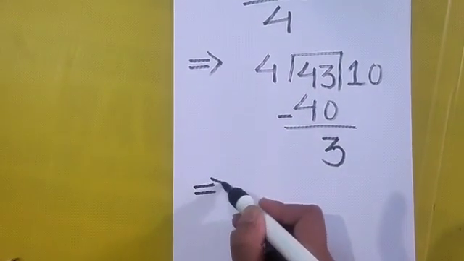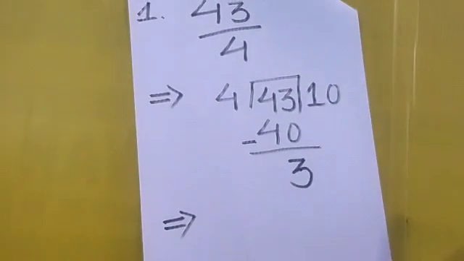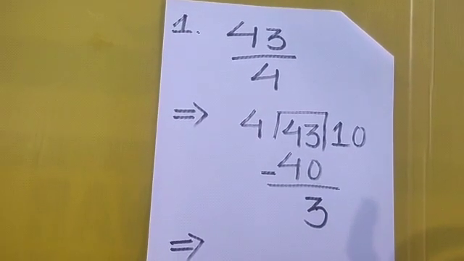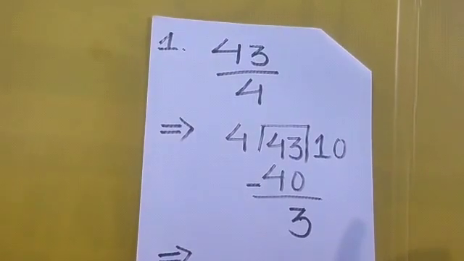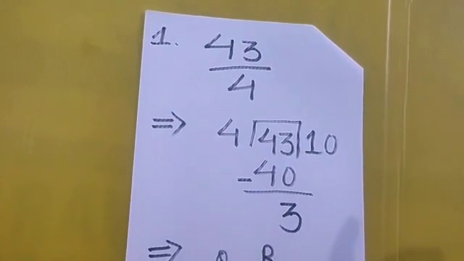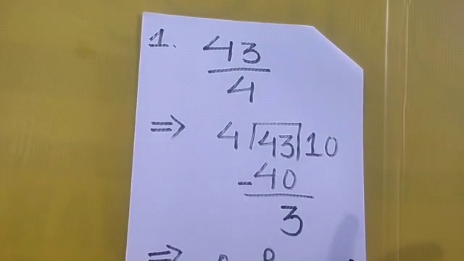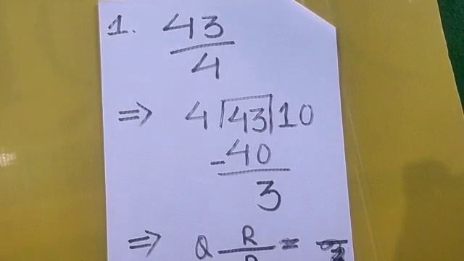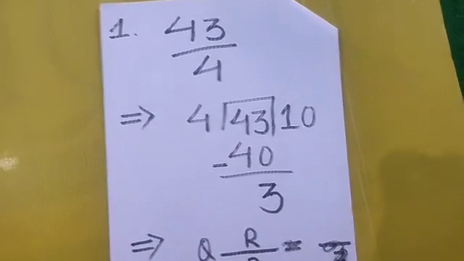To write a number in mixed fraction, we will write the divisor here, remainder here, and quotient here. 43 divided by 4 is an improper fraction.